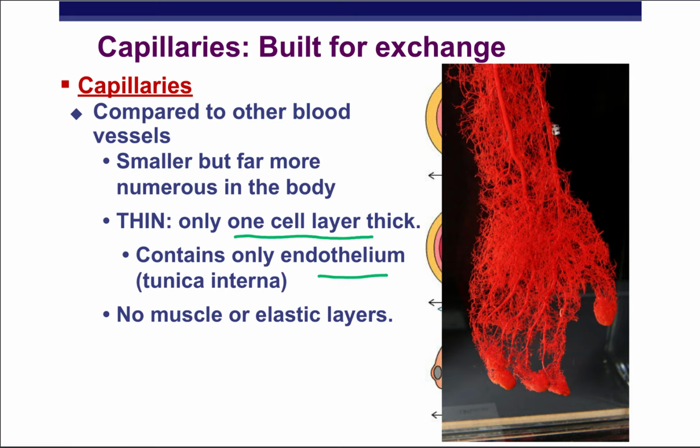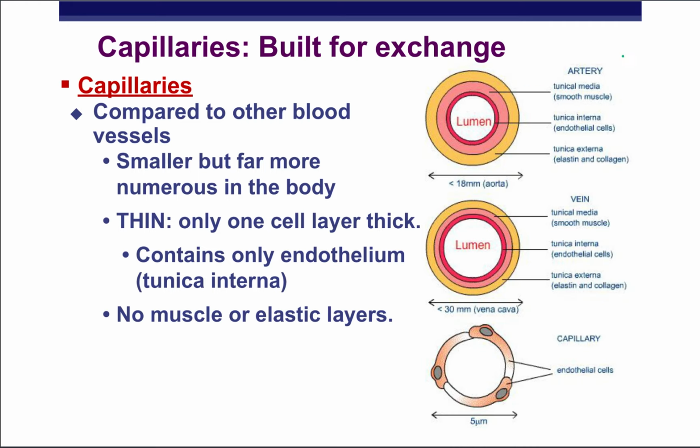Because it lacks all those extra layers, there's no muscle tissue and no elastic tissue. It's just there for flow and exchange between your interstitial fluids and your blood. If you forgot, interstitial fluid means the fluid surrounding your cells. That fluid is what allows the cells to grab stuff and remove stuff.